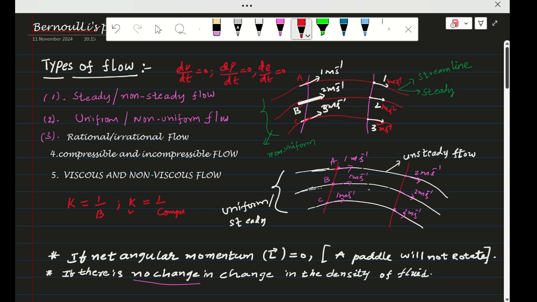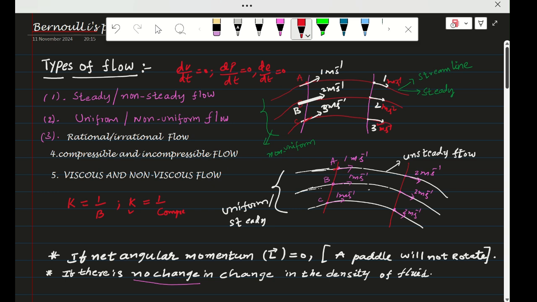This is called viscous. For example, take honey and kerosene and throw a stone in each. The stone in the kerosene will move faster than in honey. That means the friction on the stone is more in honey than kerosene. That's why you can say honey is more viscous than kerosene.